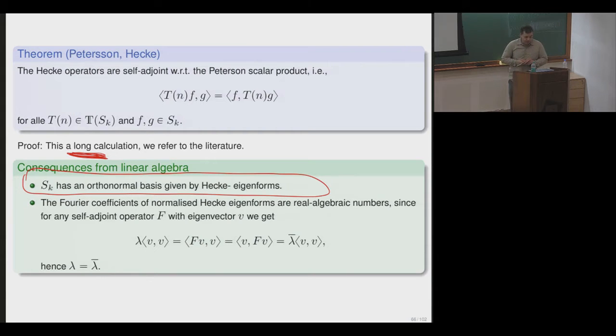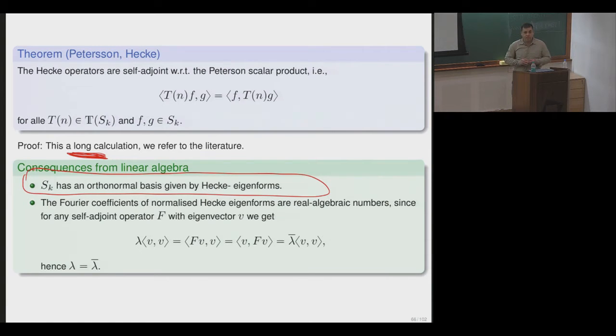And the other point is that the Hecke eigenforms have real algebraic numbers as coefficients, if we set the first coefficient to be 1. And so it's a nice supply for totally real number fields. Totally real number fields have applications in arithmetic and so on.